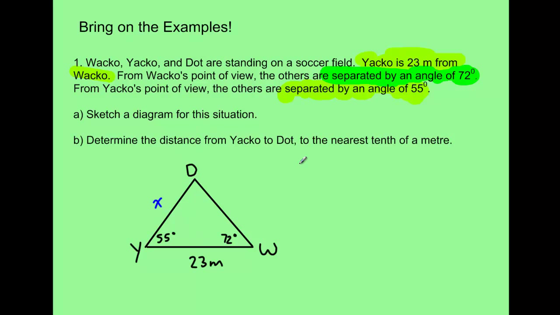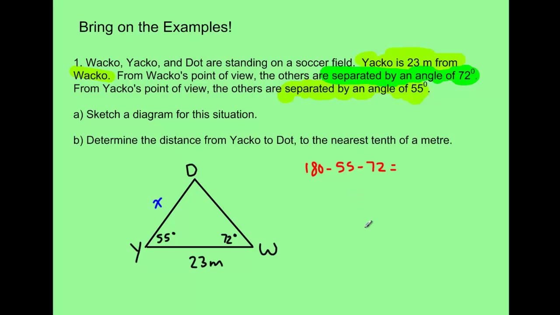Remembering that a triangle has 180 total degrees, we're going to figure out this third angle D by subtracting the other two from 180, so 55 and 72. 55 plus 72 is 127.